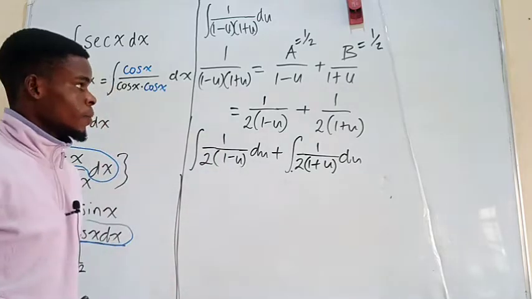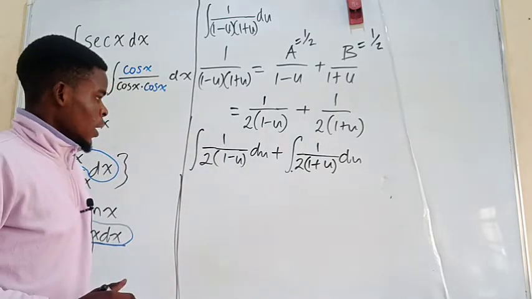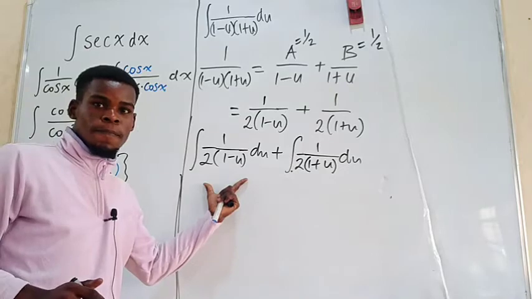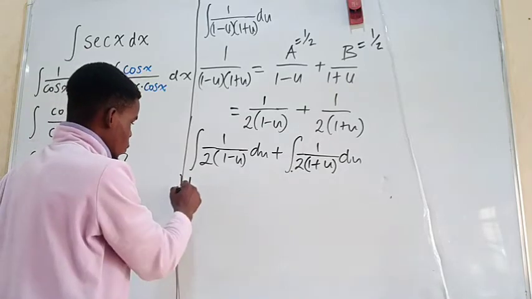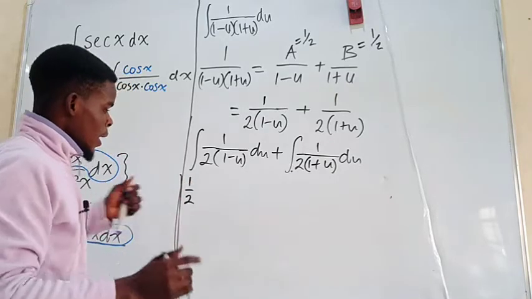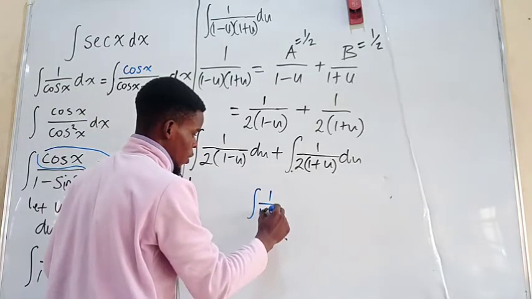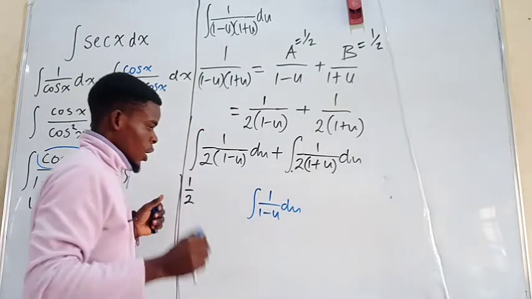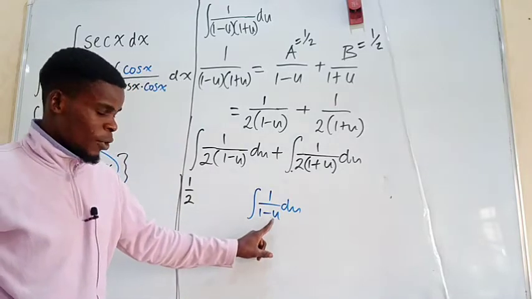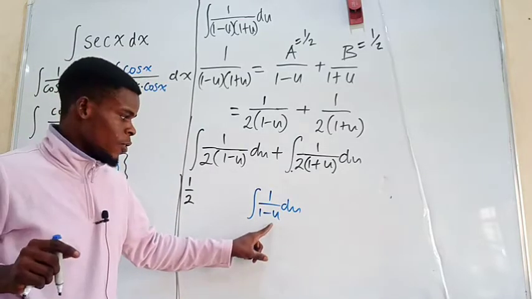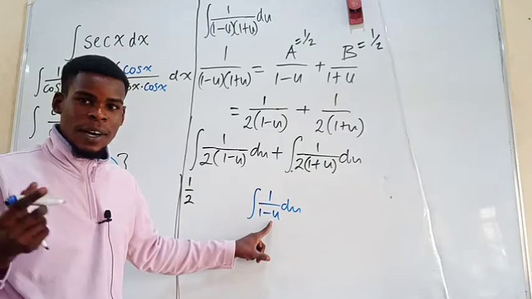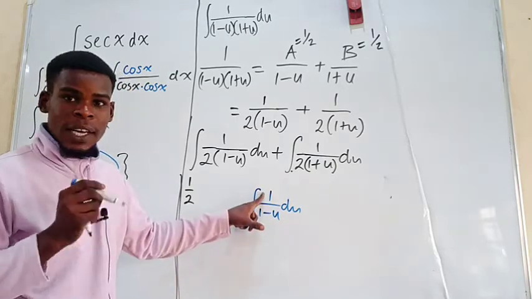Okay, great. To work this out, I'll just put down the 1 over 2 in front. The antiderivative of 1 over 1 minus u du. Look at this, 1 minus u in the denominator. The derivative of the denominator will give us negative 1, alright? So we would like to have negative 1 on the top.